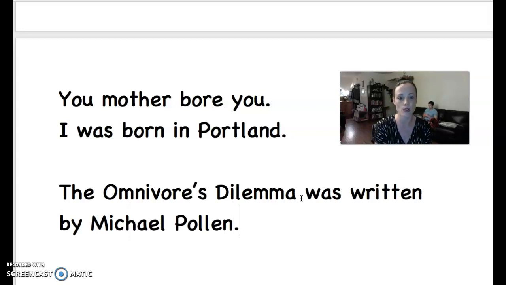This is an example of passive voice because the book didn't write itself, right? It was written. Someone else did it. And in this case, we need the by phrase because we want to know who did it, right? So I'm going to give you some practice with other sentences connected to your topic. And you can think about when to use the active voice and when to use the passive.